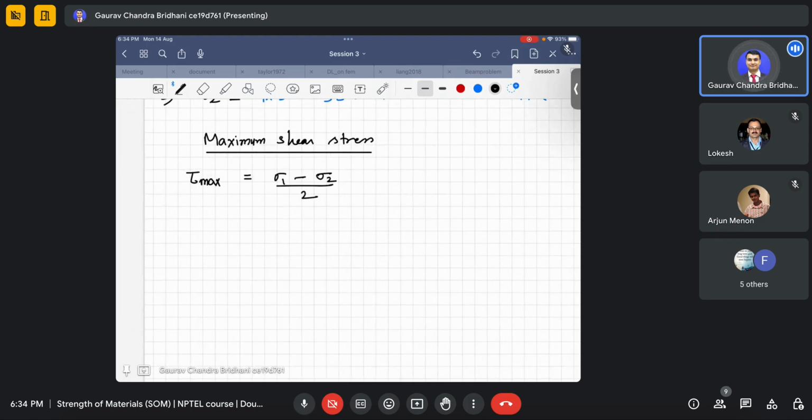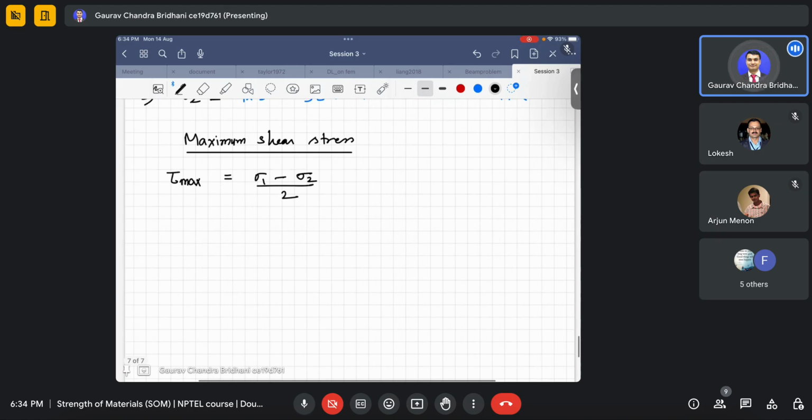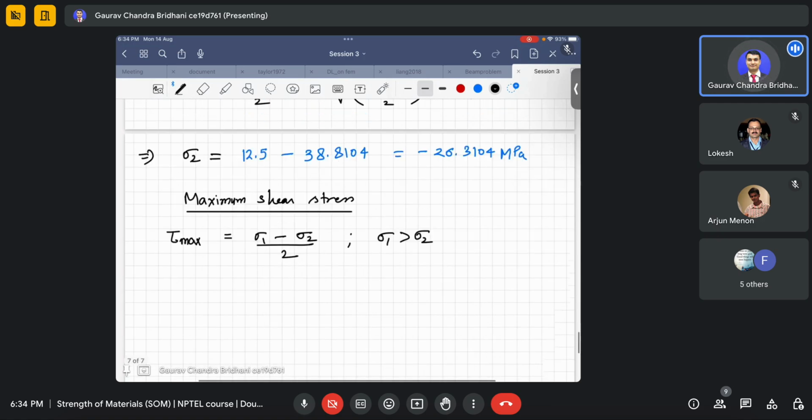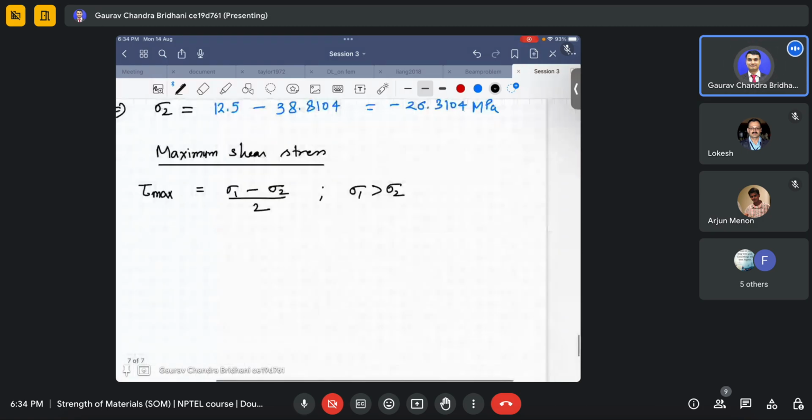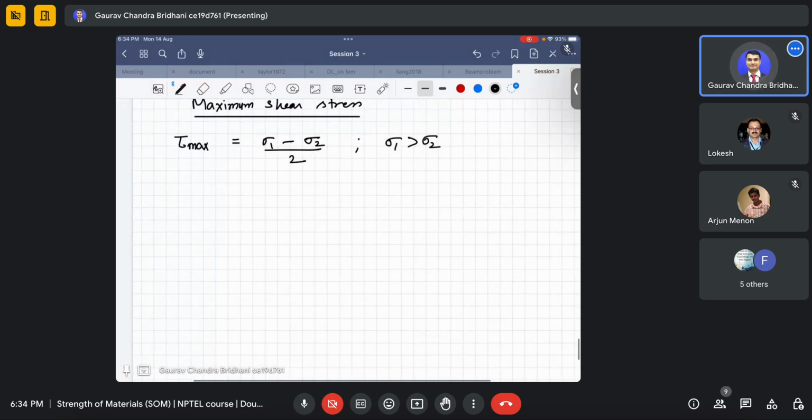I am writing this for the plane state of stress, with the condition that sigma 1 is greater than sigma 2. So I have written sigma 1 and sigma 2 in that fashion only. That's how we find tau max.